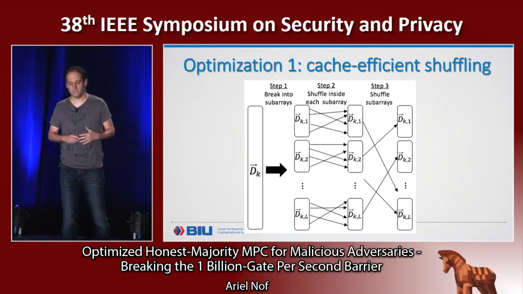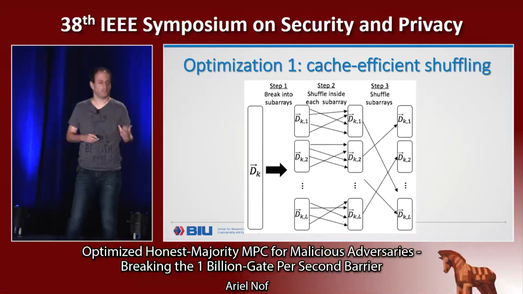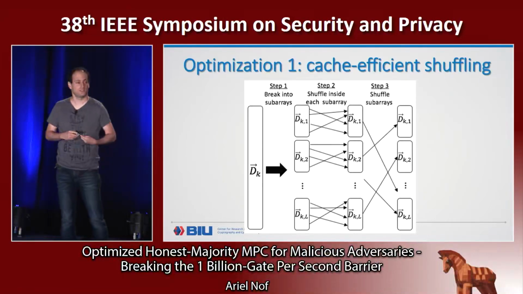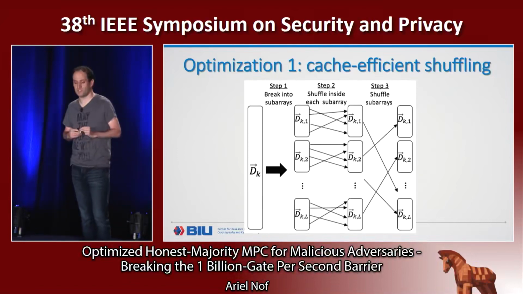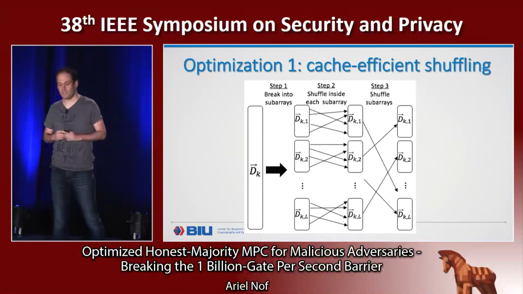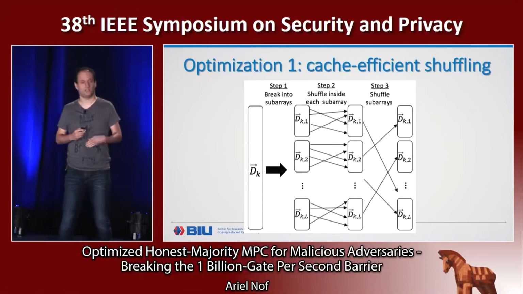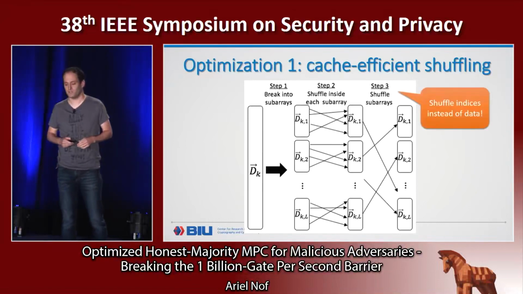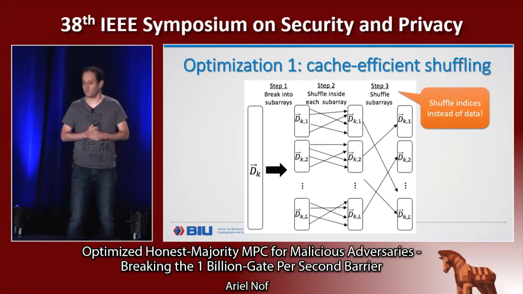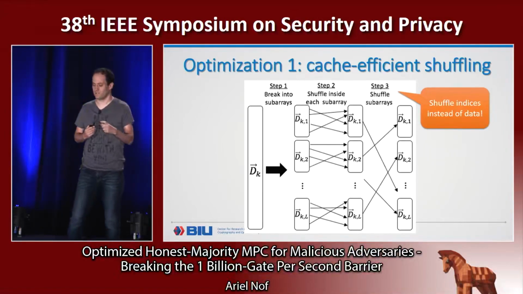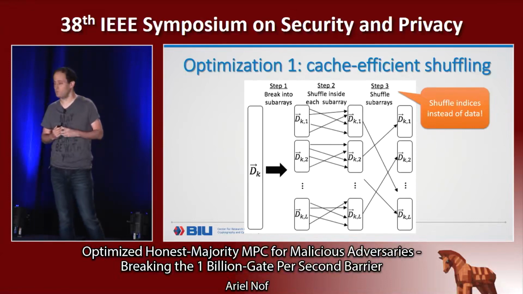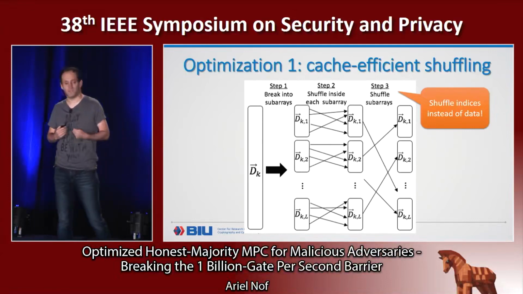Without going into all the details, the idea here is that we take an array, we break it into subarrays, then we randomly shuffle each subarray separately, and then we shuffle the subarrays in the large array. In the last step, we don't shuffle physically. We don't move the subarray physically in the memory. We use an index table and shuffle the indices.